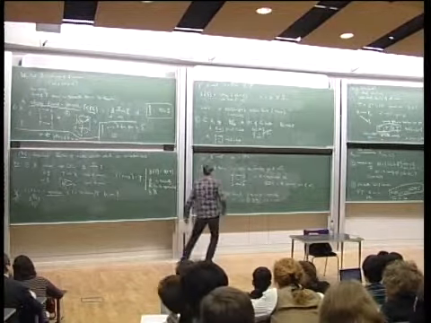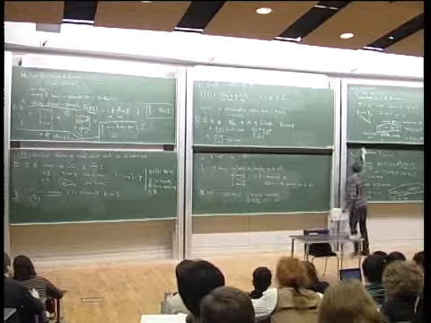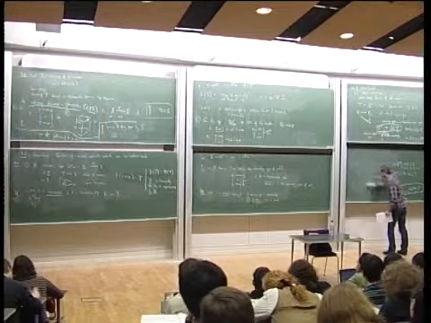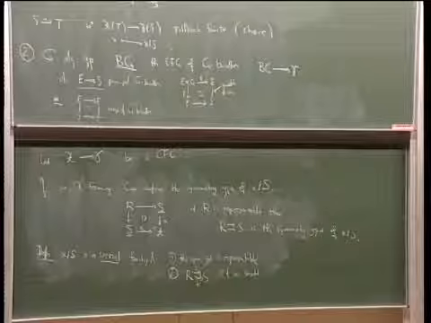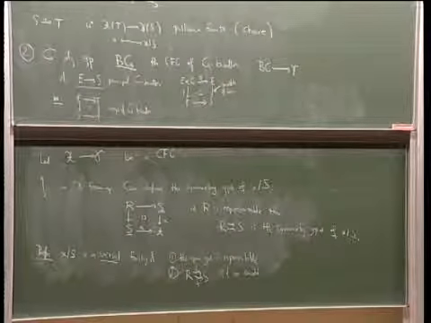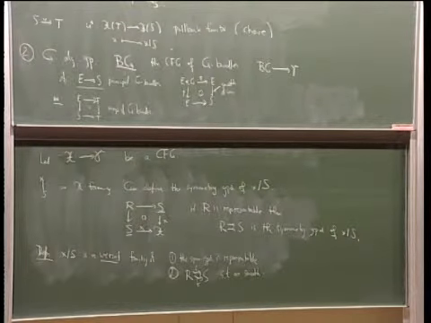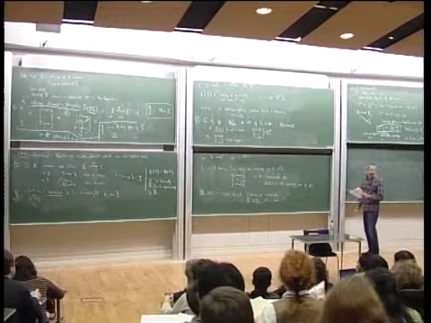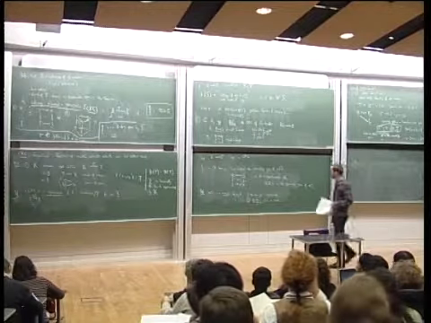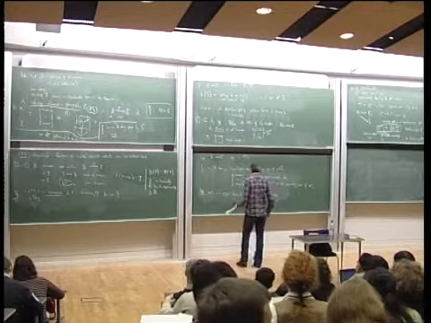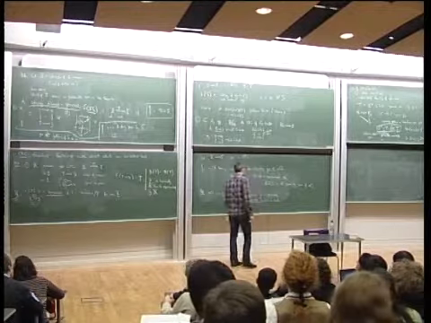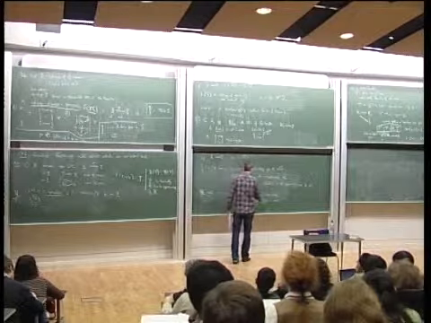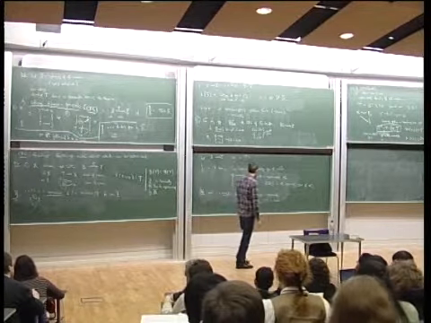Well, I'm assuming R and S are representable. I'm always assuming locally of finite type, that these are nice enough schemes. Then there's no difference between smooth and formally smooth.